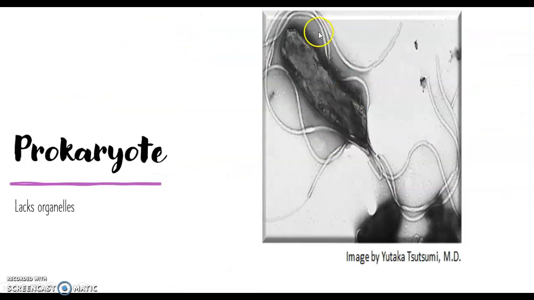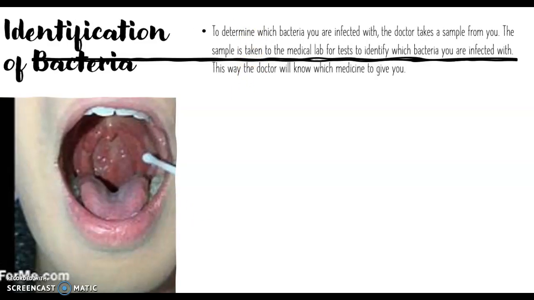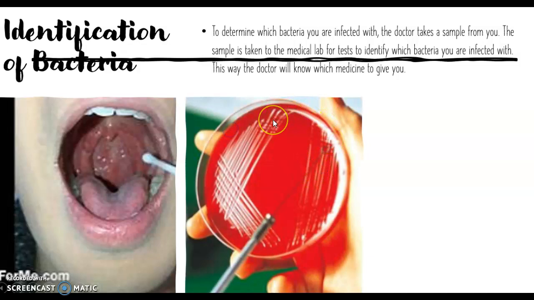This is a microscopic picture of a prokaryote. Notice it doesn't have anything that distinguishes it within the cell itself. It does have what is called flagella to help it move around, but it lacks organelles, no organelles. When you get sick, a doctor might take a swab of the back of your throat and put it on this agar gel.